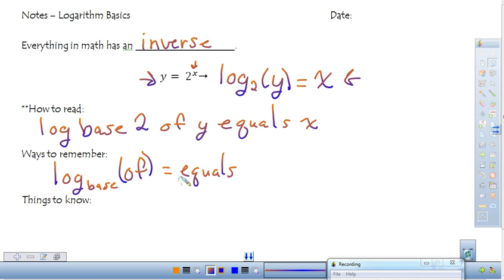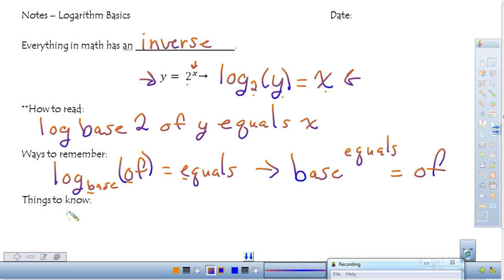Well, if you put these in alphabetical order, B-O-E, you would get base equals of. And that is exactly how you convert them. Okay, so keep in mind this guy, like base equals of 2 to the x equals y.